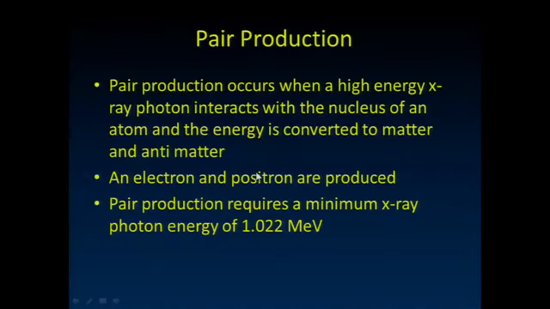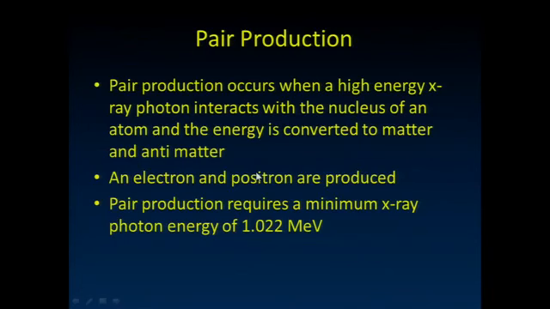Another thing that can happen when you have an energetic X-ray or gamma ray photon is it can end up interacting with the nucleus and producing a pair, ejecting an electron and a positron from the nucleus of the atom. This is pair production. It should make sense that in order to have that occur, you've got to have an X-ray or a gamma ray that's at least 2 times 511 keV, which is 1.022 MeV that I have there.